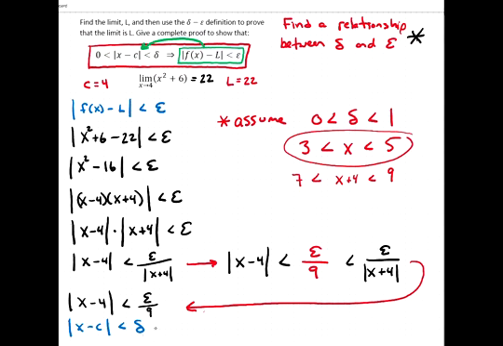And now we have a relationship between delta and epsilon. We could say now that delta equals epsilon over 9.